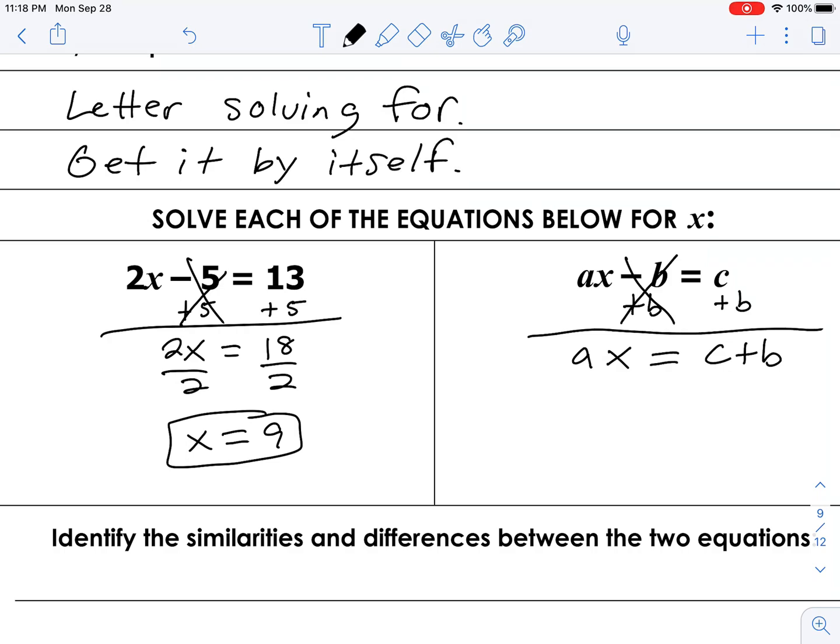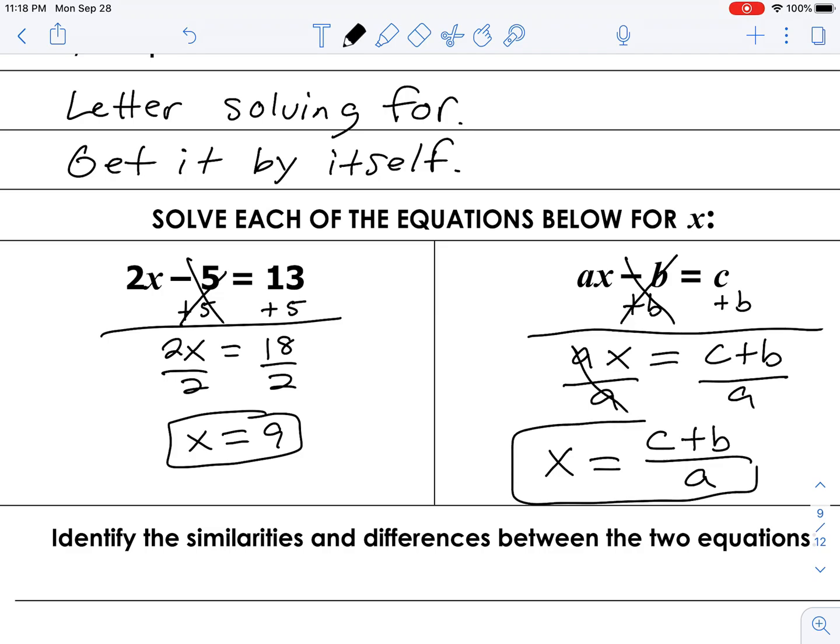Get it by itself. Meaning you can see right here, we're solving for x, so we need to get x by itself. So we need to divide by a, and that now is gone. So we get x equals c plus b all over a. x is now by itself, and that's our answer.